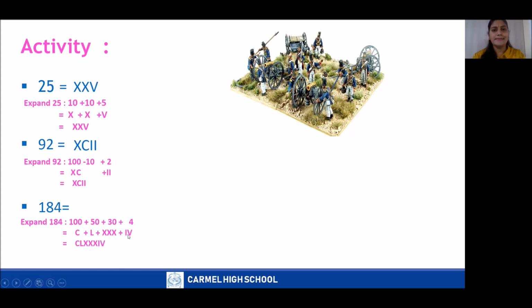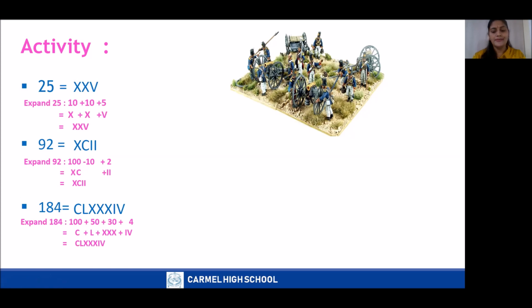Now combine the symbols and we get CLXIV. Therefore, my 184 is CLXIV. Clear?